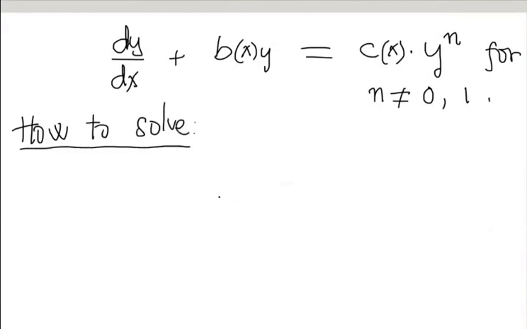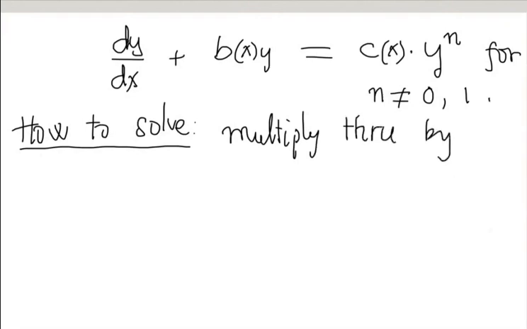So what we will do is make it look similar to a linear equation by getting rid of y to the n. We're going to multiply through by y to the negative n. Doing so will make the right-hand side become c(x); y to the n will be gone.